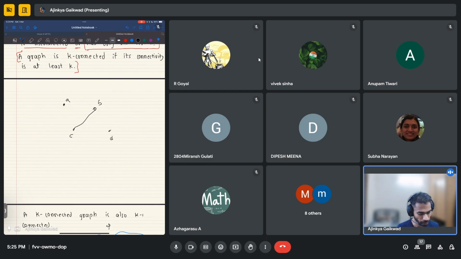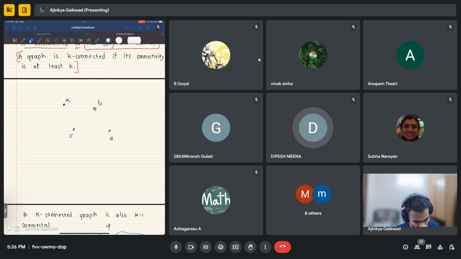Even if there are no edges, the definition of graph never says I need at least one edge. So this is also a graph G. This is not a connected graph, or in this notation, not a one connected graph, because there are four connected components. I don't need to remove anything and the graph is still disconnected. So I can say the connectivity is zero, right?